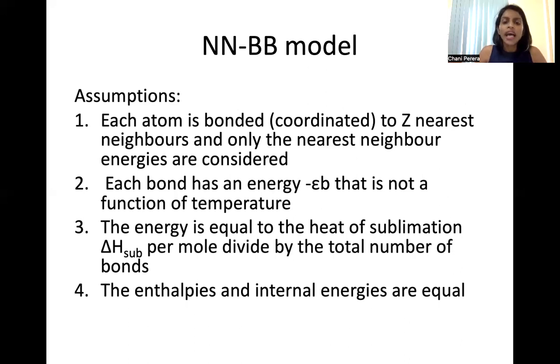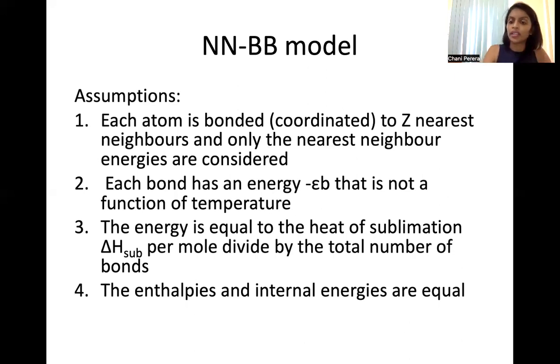So each bond has an energy epsilon_B that is not a function of temperature. It is actually a function of temperature, right? But in this NNBB model, we just assume that it is not. The energy is equal to the heat of sublimation per mole divided by the total number of bonds.